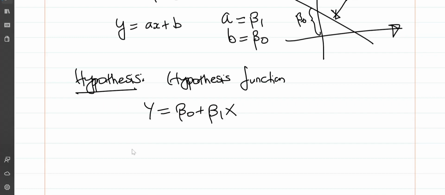We can say very easily that y is the dependent variable and it is a function of the independent variable x, and so we can write it like this. The hypothesis is written as h of x. So h of x is our hypothesis function, which is a function that best describes the target variable, that is y.